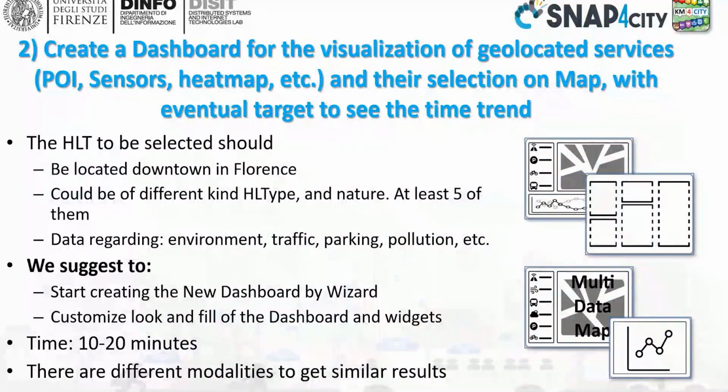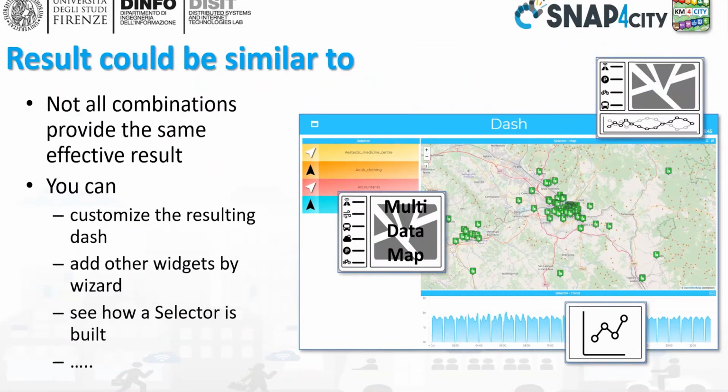So I created my new dashboard, and the result is very similar to what is shown here. I used the widget shown in this slide, and I can also customize my dashboard. I can add more widgets and refine the look and feel.